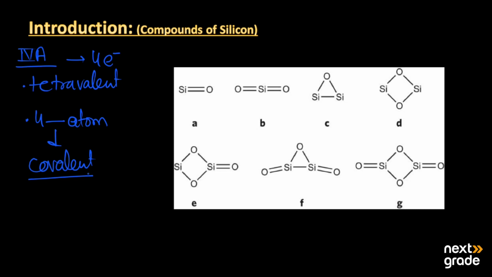Silicon can make a wide variety of compounds. The first one is silicon combined with one oxygen atom. Silicon can combine with two oxygen atoms. Then two silicon atoms can combine with one oxygen atom.